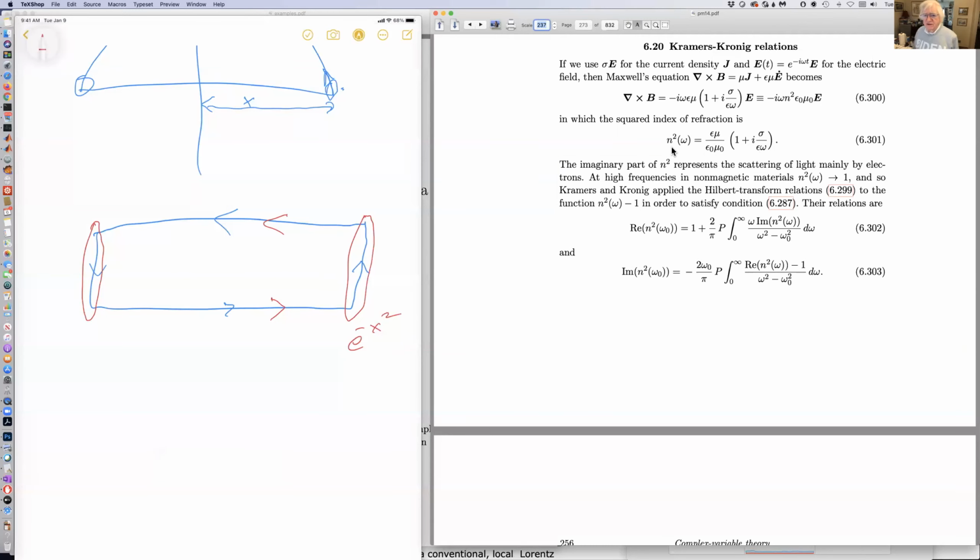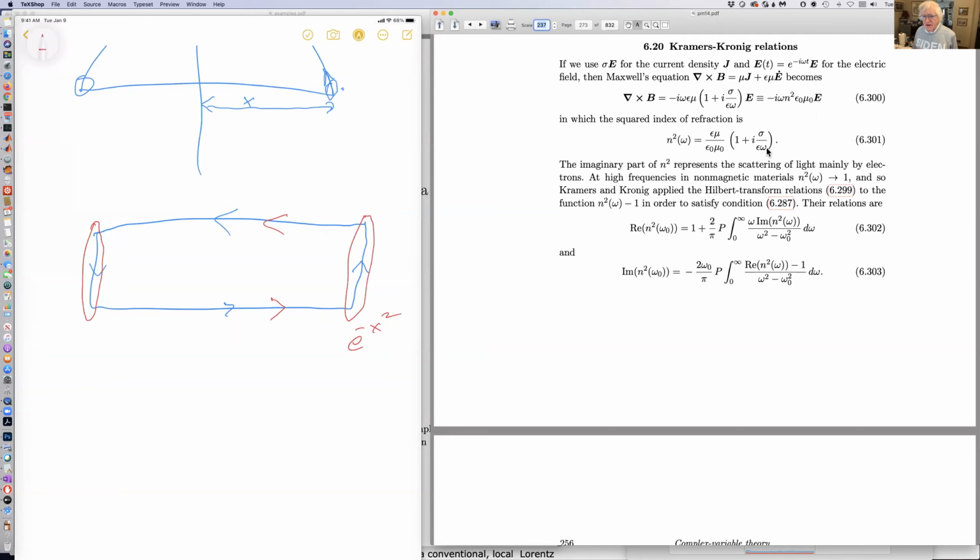Now the nice thing about this expression is that it tells us that n squared of omega goes to 1 at large frequencies, at high frequencies.